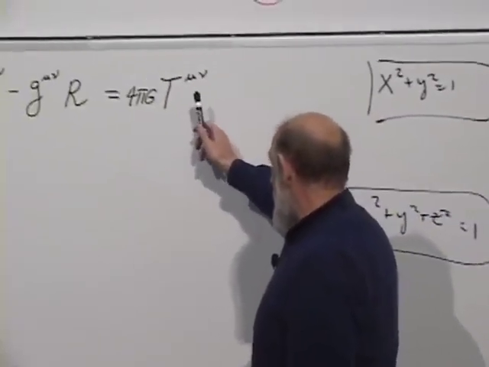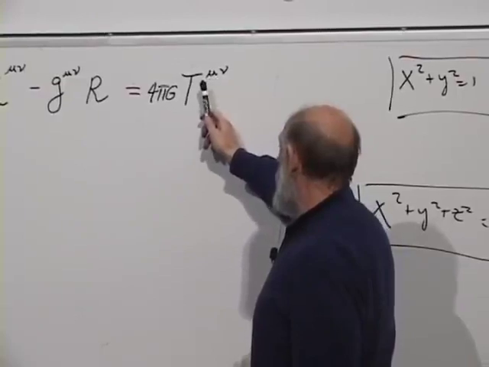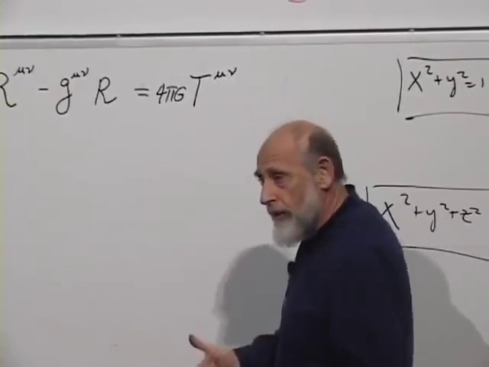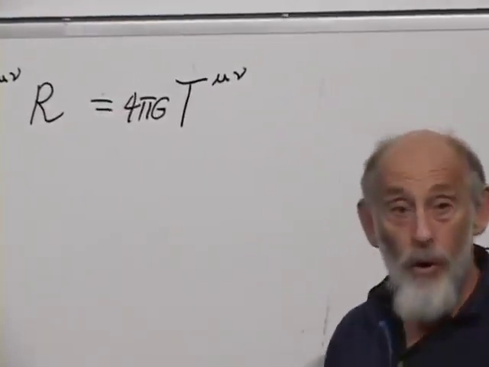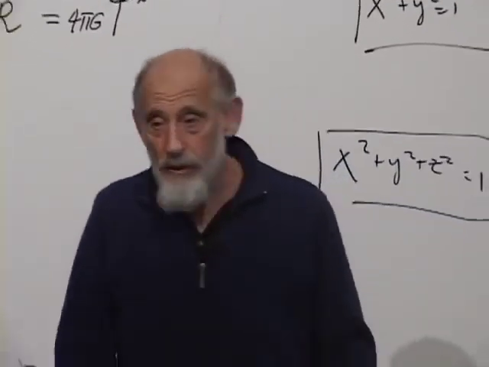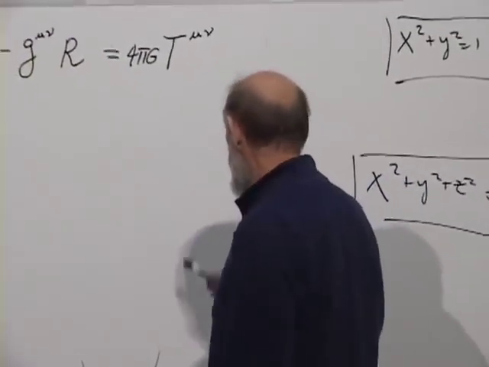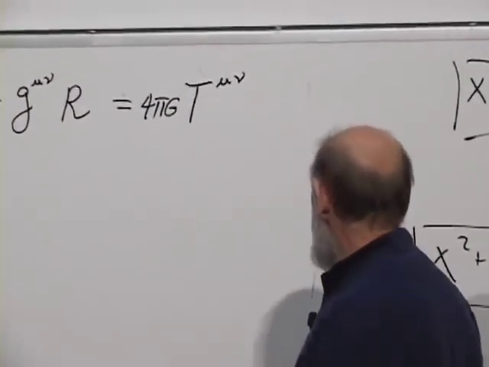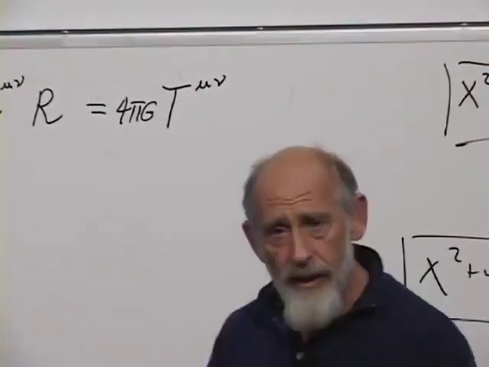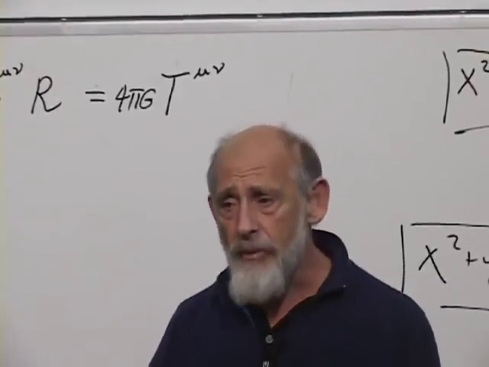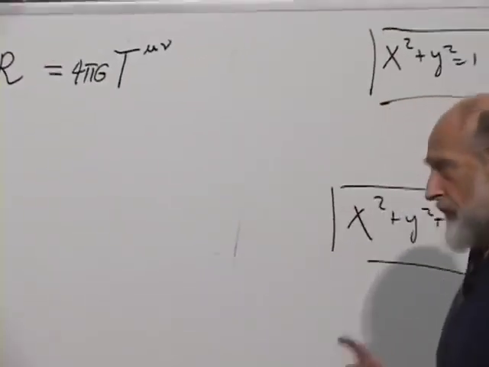The right-hand side, these are the components of the energy momentum tensor, which mean things like energy density or mass density, depending on whether we want to use E equals mc squared to relate energy to mass, and no reason why we shouldn't. When c is equal to 1, the right-hand side contains things like energy density and momentum density and so forth. We're only going to need one of these equations.